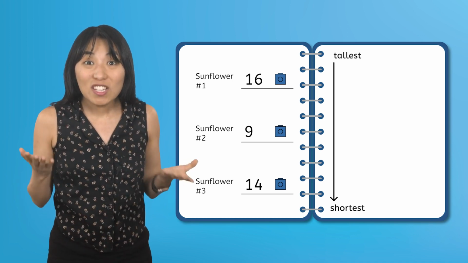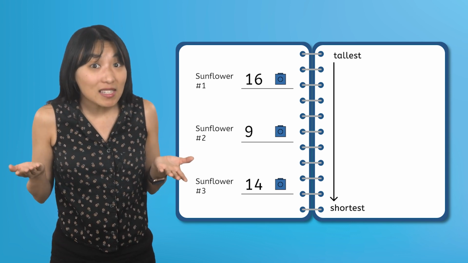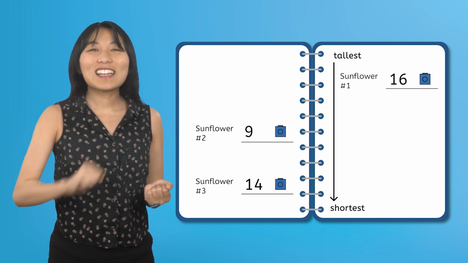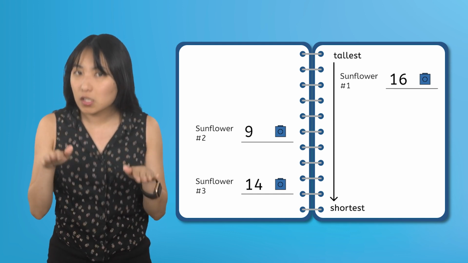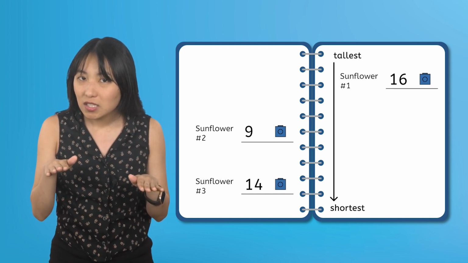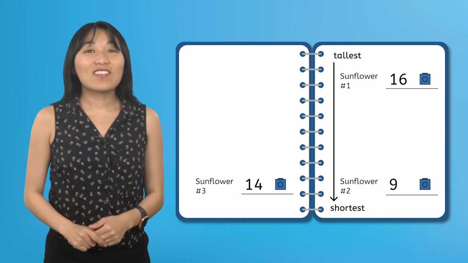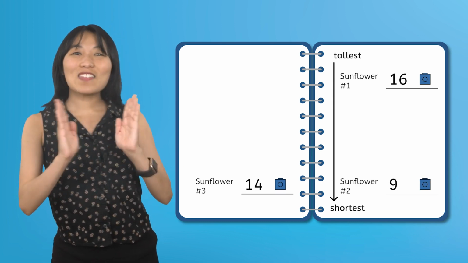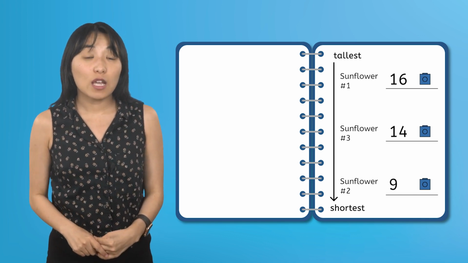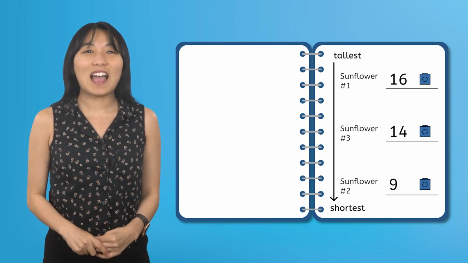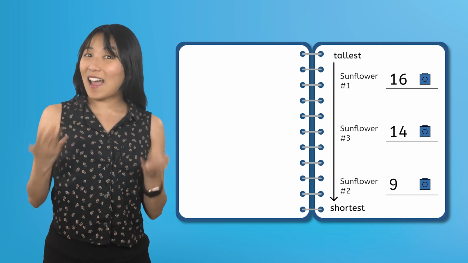Friend, which number here is the biggest? 16. Good thinking. Which number is the smallest? 9. And that leaves 14 right in the middle. Great job! We just compared and organized the sunflowers by height using their exact measurements.